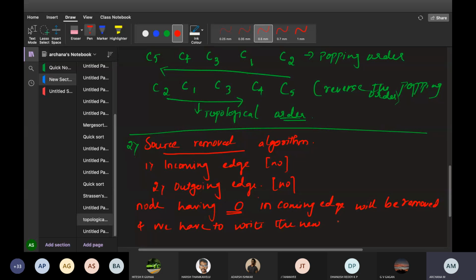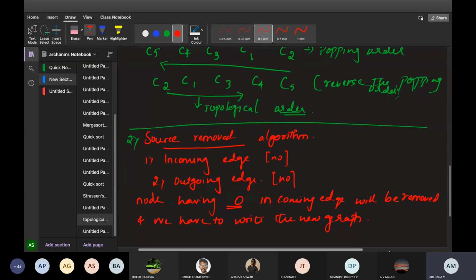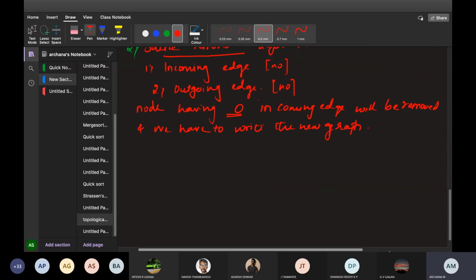Once you remove the node, the new graph should be written every time. This is the procedure for the source removal algorithm. I'll just write an example and show you. It will be very easy for you. Once you see an example, it will be easy to see how we are doing this.